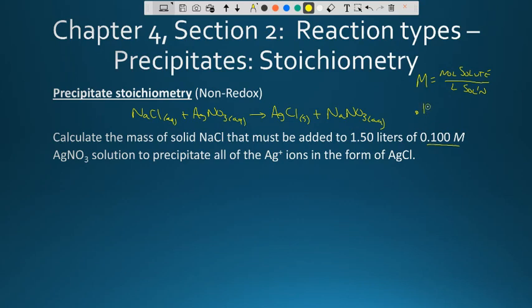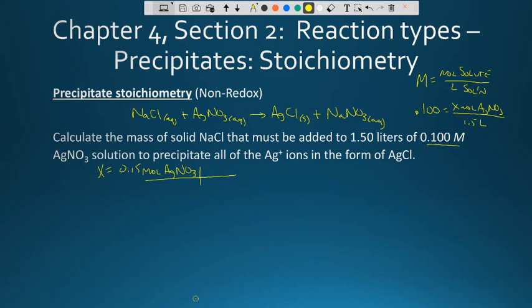We go back to our equation: 0.100 equals X moles over 1.50 liters of silver nitrate solution. So my X is 0.15 moles of silver nitrate. That's how much silver nitrate I have present.